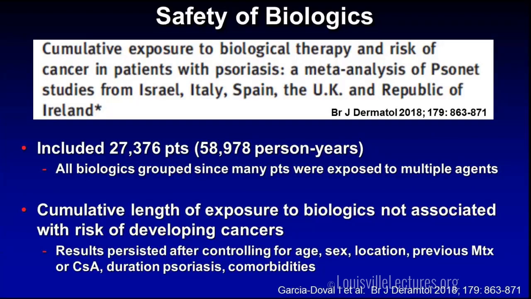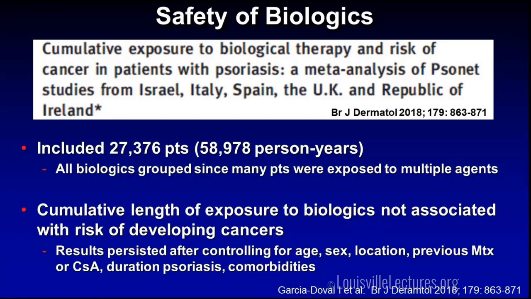low, and this was probably one of the biggest fears we had when these medications began coming to market and we began using them in patients. In this study published this year, there was over 27,000 patients included, almost 60,000 patient years of biologic exposure.